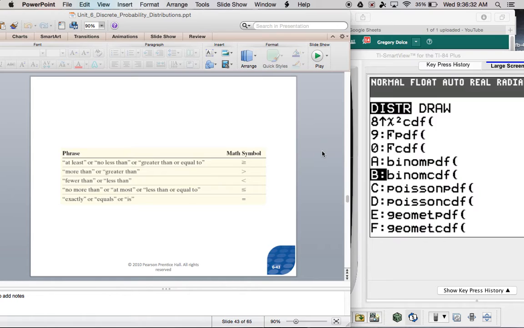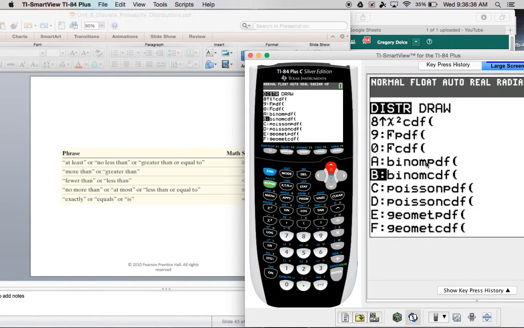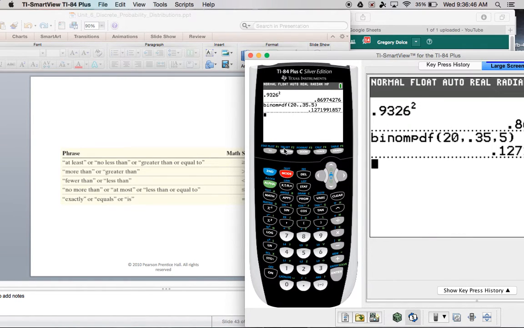If I want 3 or greater, you can always subtract. So let's go binomial. If I do 1 minus, remember the sum of all probabilities is 1.